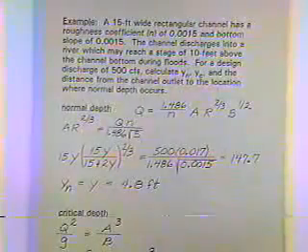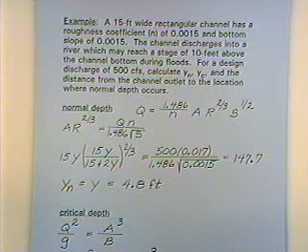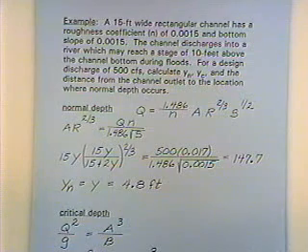so we'll have some numbers to look at. In the example, we've got a 15-foot wide rectangular channel. The Manning's roughness coefficient is 0.0015, and the bottom slope, that's the longitudinal bottom slope, 0.0015. I found a typo.